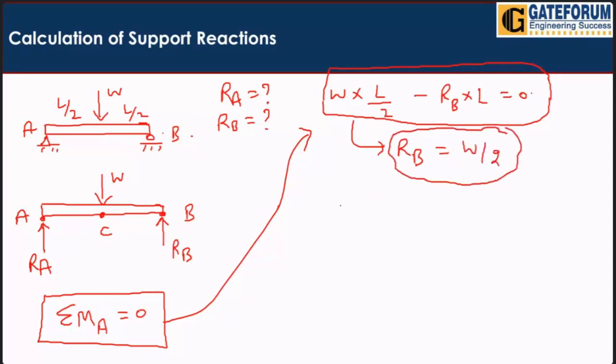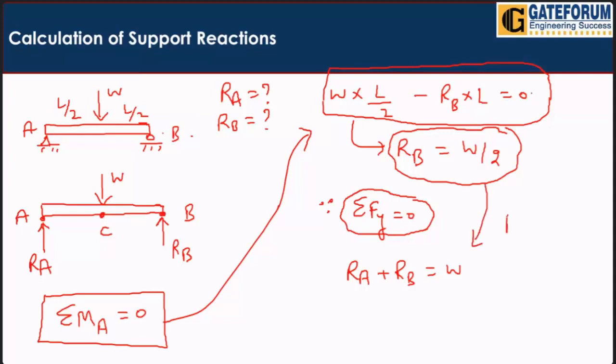Now, for equilibrium, summation of force in y direction equal to 0. Total upward force equals total downward force. So RA plus RB is equal to W. Put the value of RB here, and you will get the value of RA as W by 2.